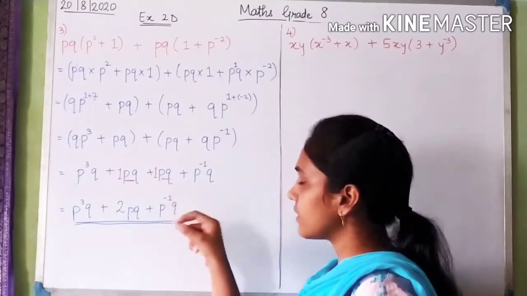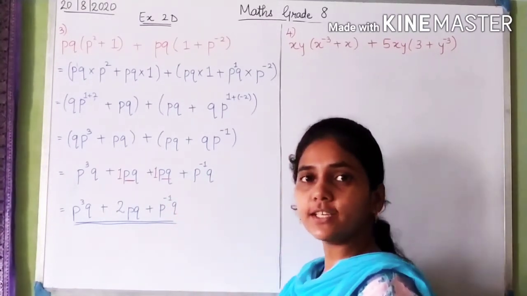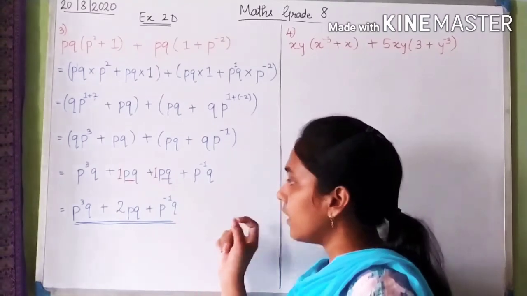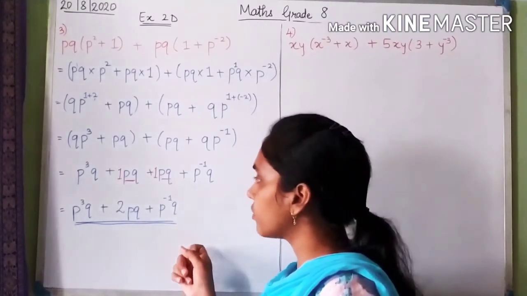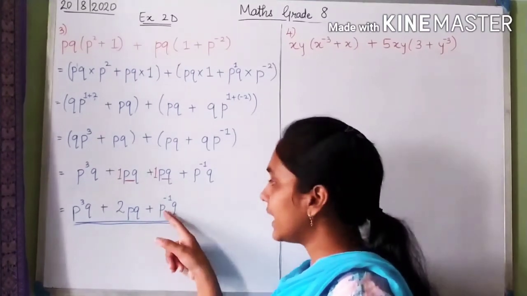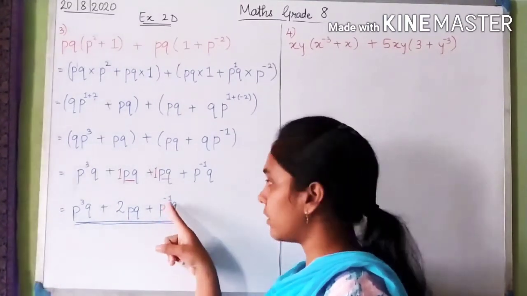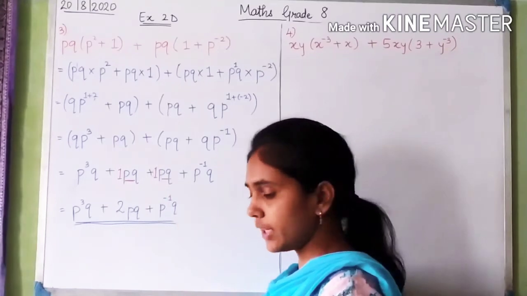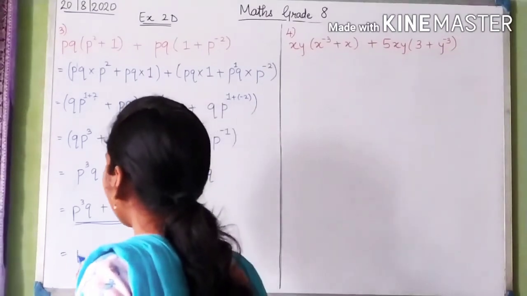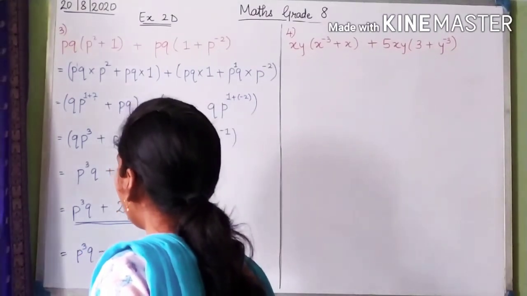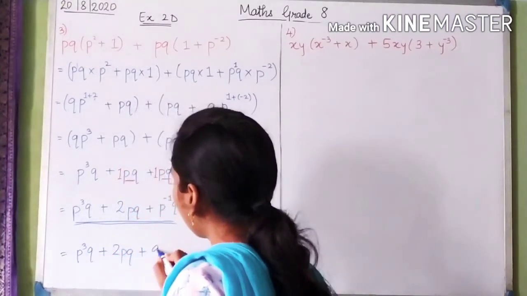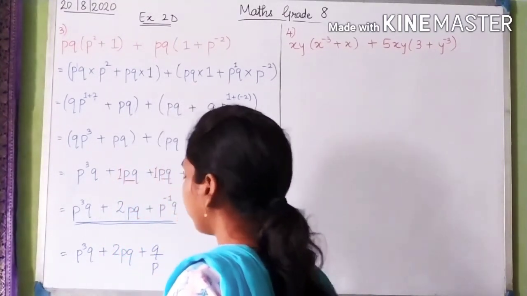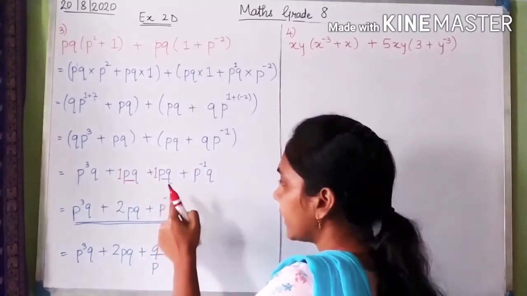And this P here is having a negative power to it. So using the laws of indices, the fourth law which we saw, we can take it to the denominator to remove this negative sign of the power. So we can write it like this also. P cube Q plus 2PQ plus Q upon P. P is having a negative of 1.